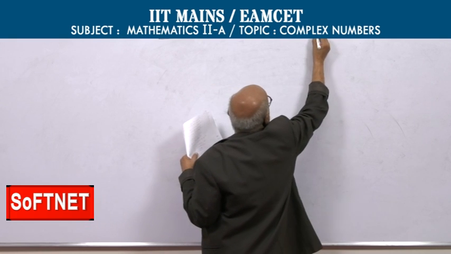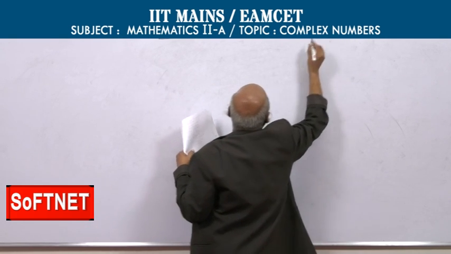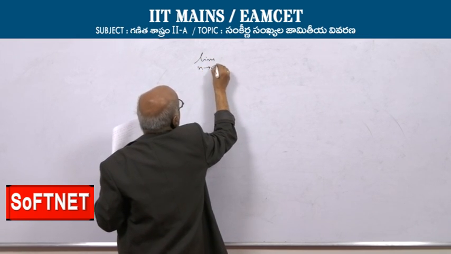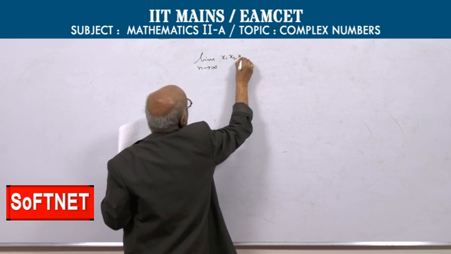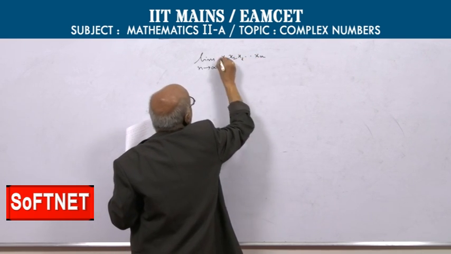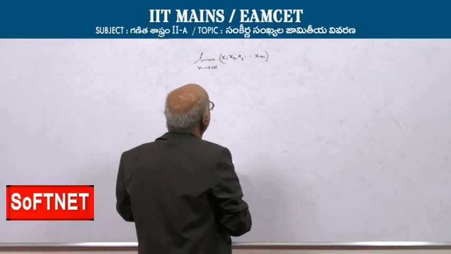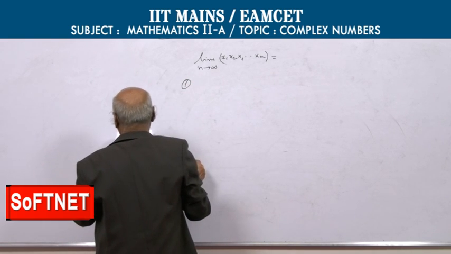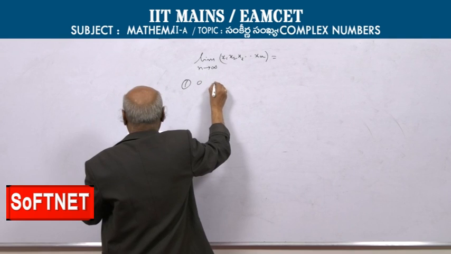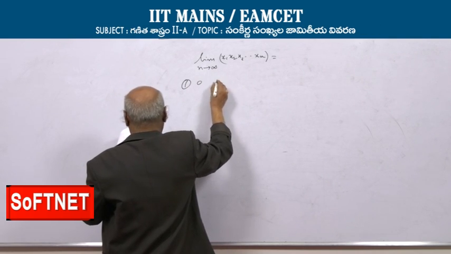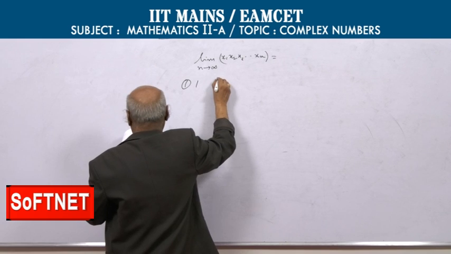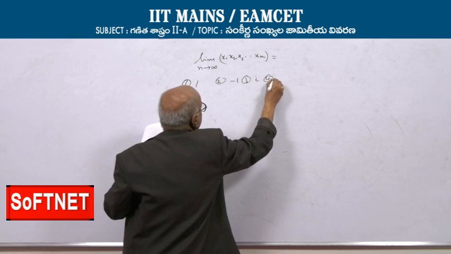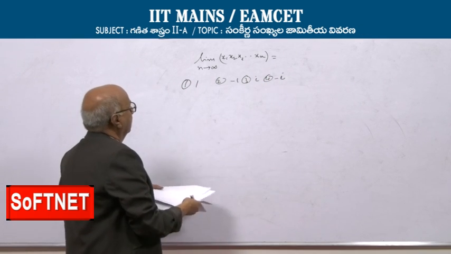Then the limit as n tends to infinity of x1 into x2 into x3 etc. into xn is equal to: 1, 2, minus 1, 3, i, and 4, minus i.